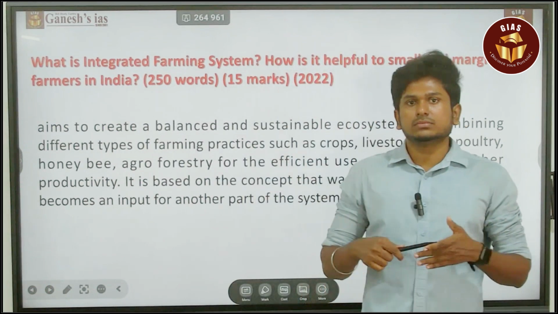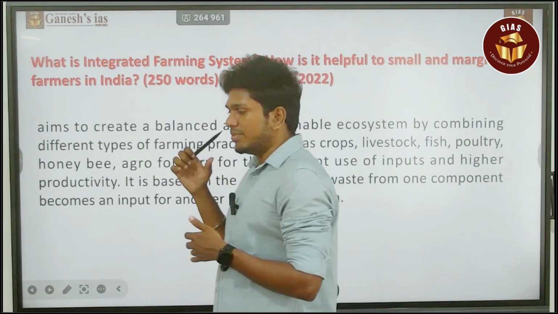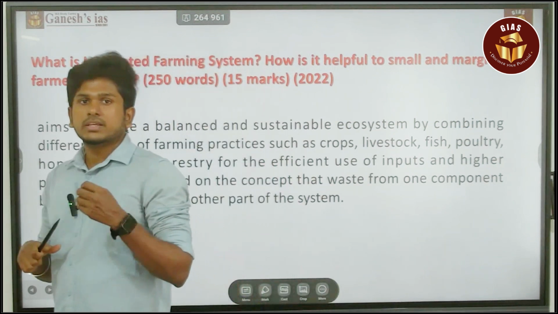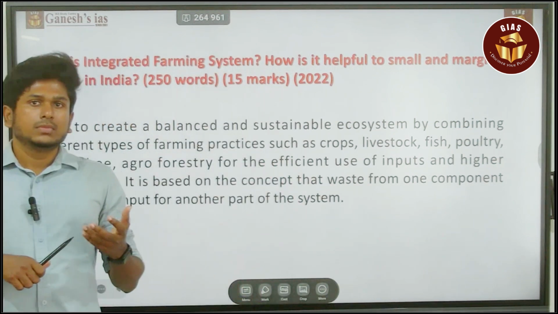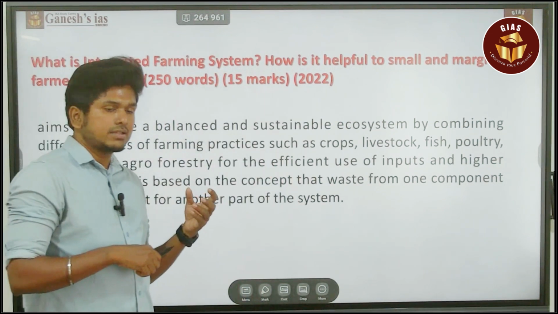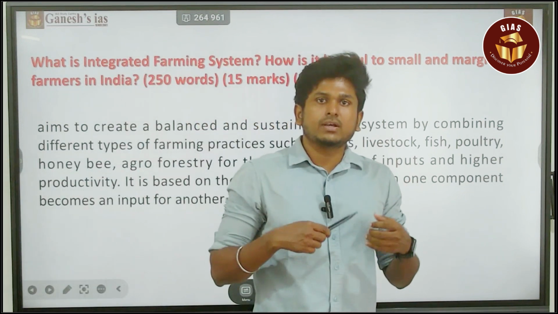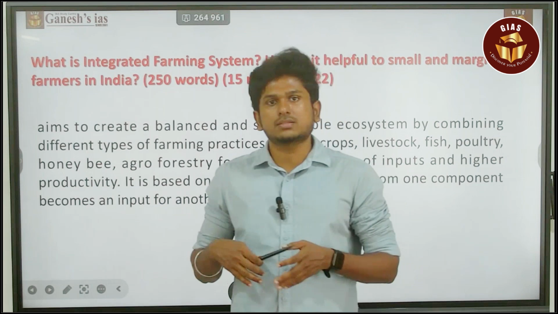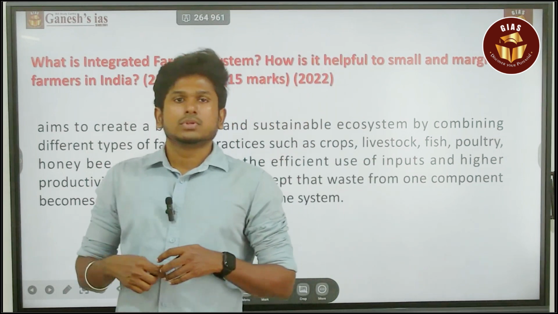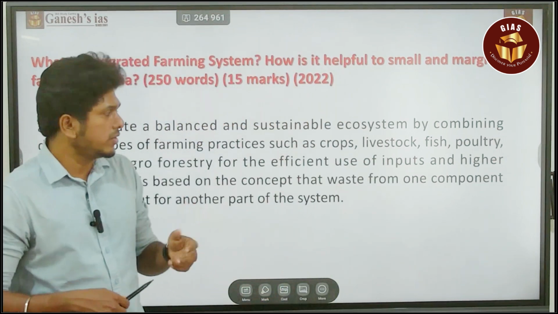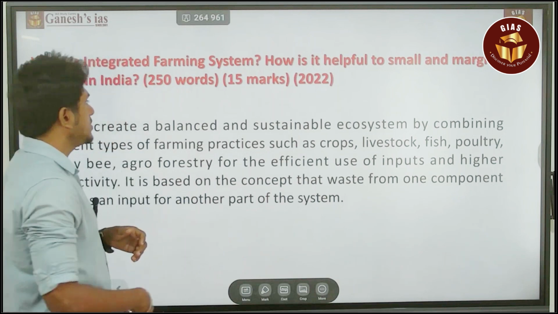So for them, this integrated farming system will be a gift. It will increase the output, and it will also reduce the input cost. You can say that, and then you have to give the benefits of it.